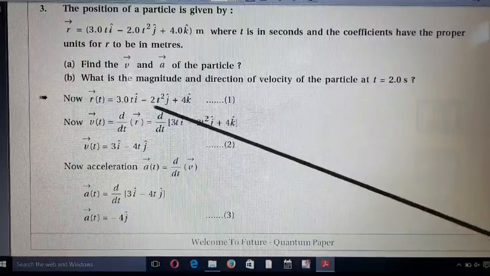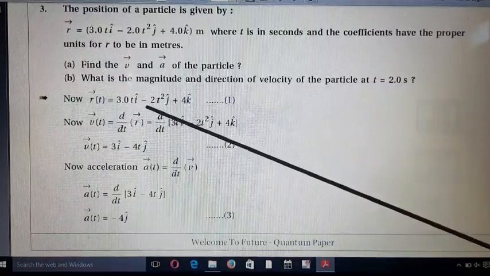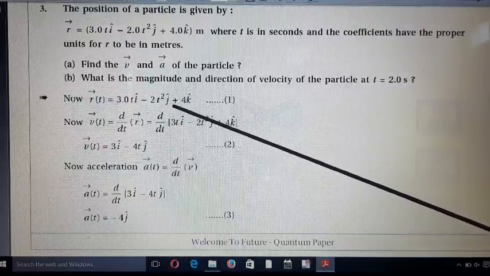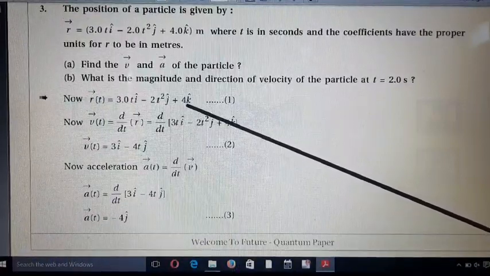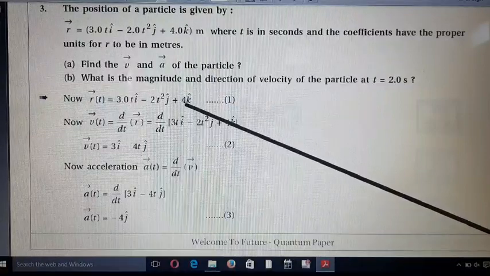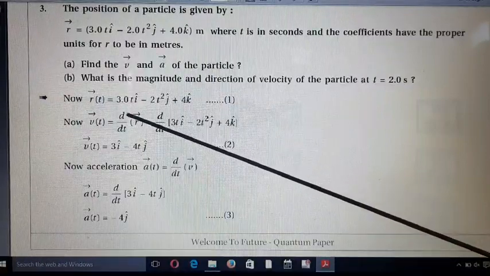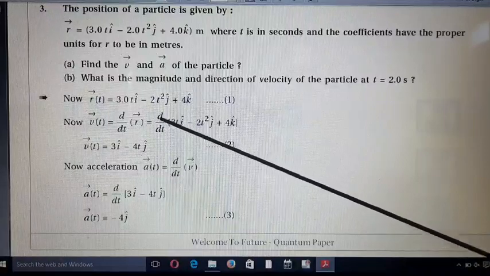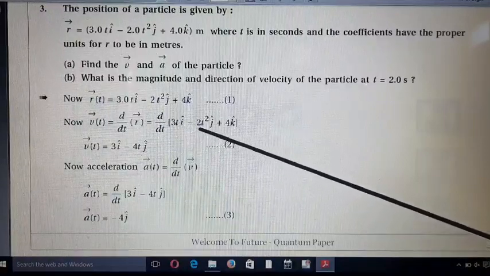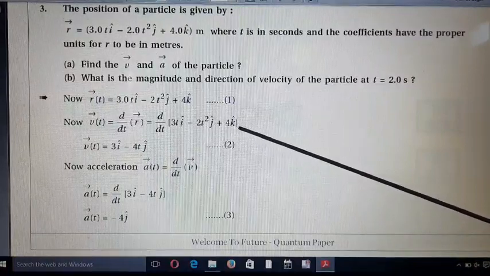So first of all, r is equal to 3t i caret minus 2t square j caret plus 4k is the position of the particle. Now we take derivative on both sides. So left hand side we get dr upon dt is equal to d upon dt of 3t i caret minus 2t square j caret plus 4k caret.